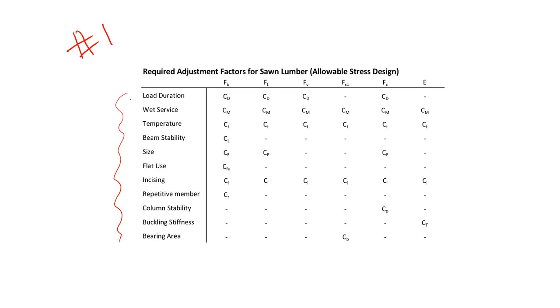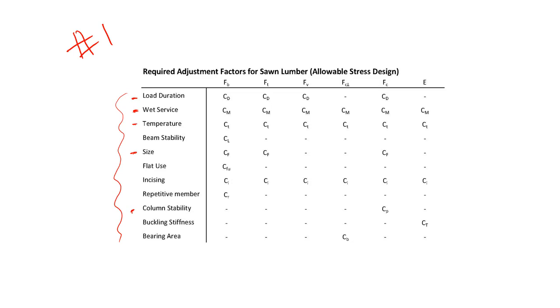And we've already been introduced to load duration. I think that's figure 9.23 in your textbook. The textbook introduced you to moisture and temperature and size and said those are all equal to 1 for the sake of this class. We'll continue to not go through moisture and temperature, but we will look at size in one of the other tables here in just a few minutes.